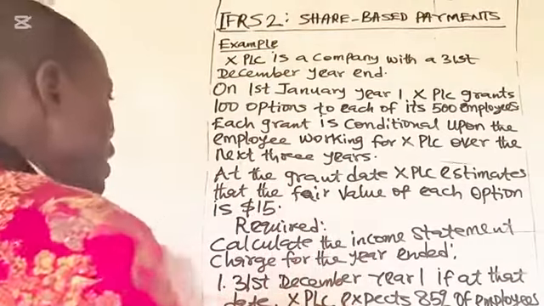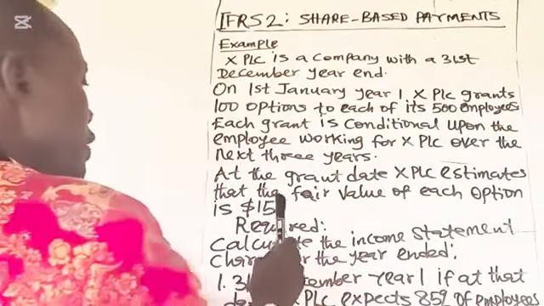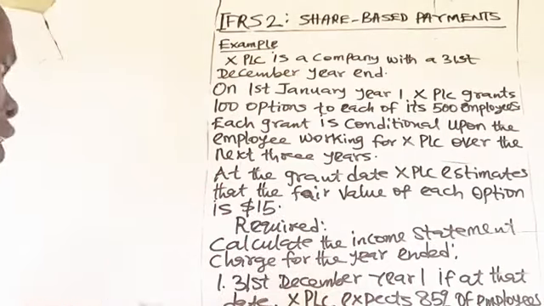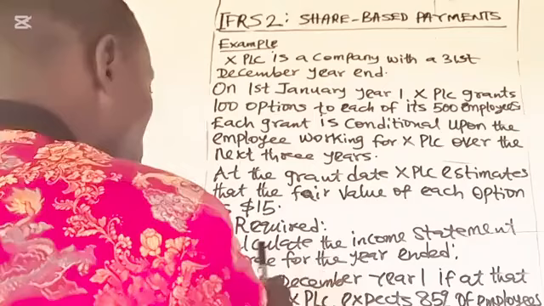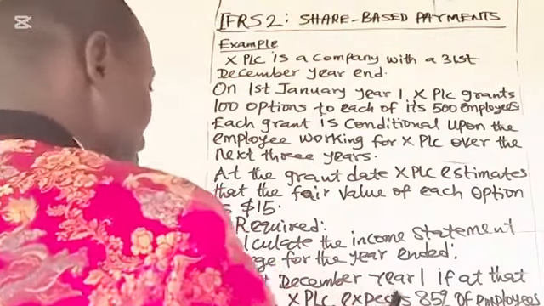At the grant date, XPLC estimates that the fair value of each option is $15. Required: calculate the income statement charge for the year ended 31st December year 1.